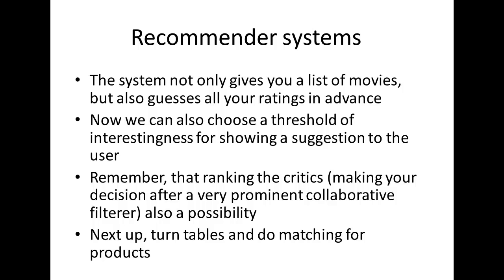And now, next up, let's turn tables and do matching for products. Let's see what this will yield us. We'll go over this one really quickly because we just want to basically see what the end result of collaborative filtering could also be. We don't go into that many details into all the formulas.